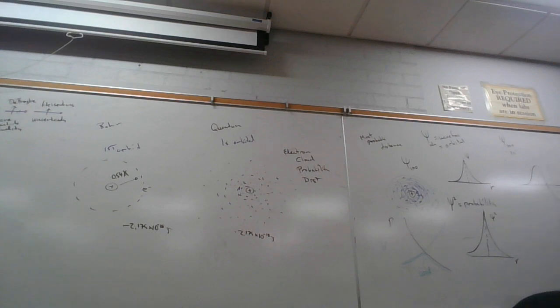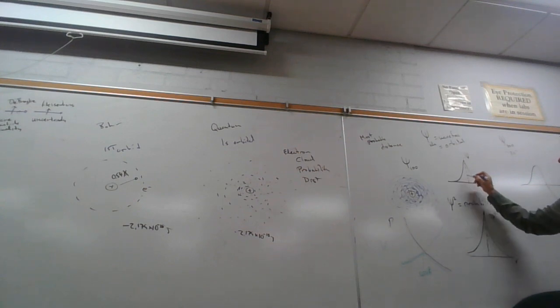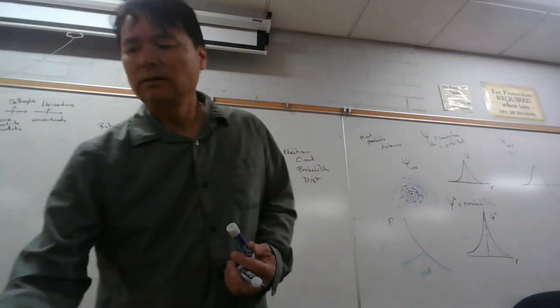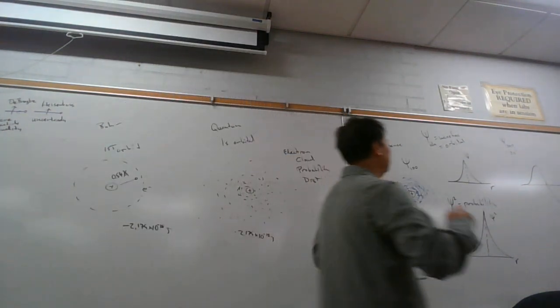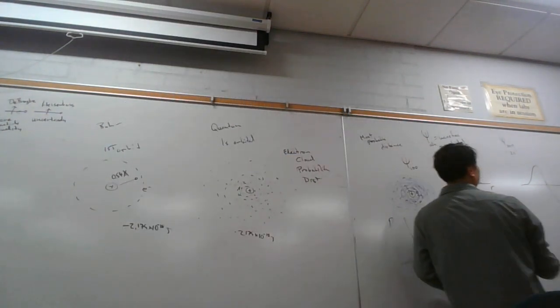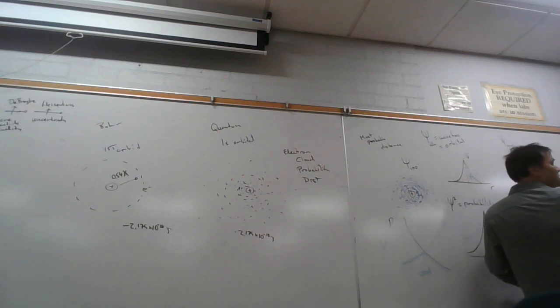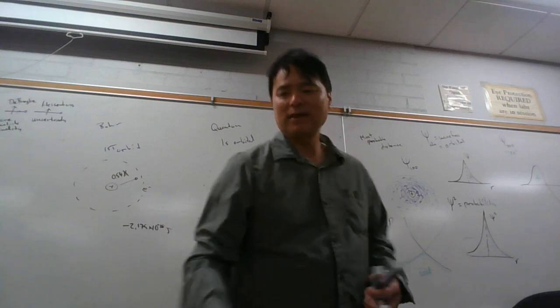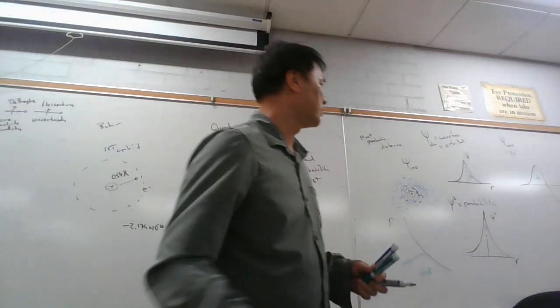This is what we call positive amplitude here. This is a positive amplitude. This is positive amplitude, but this other lobe is what we call, well, if it's not positive amplitude, it's going to be negative amplitude.